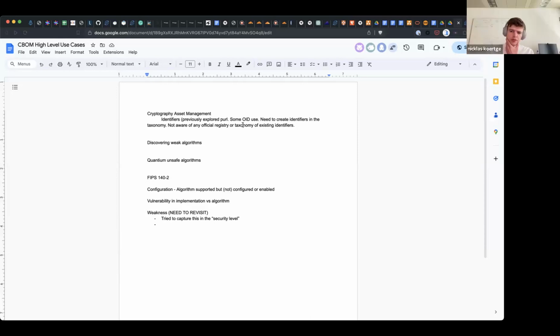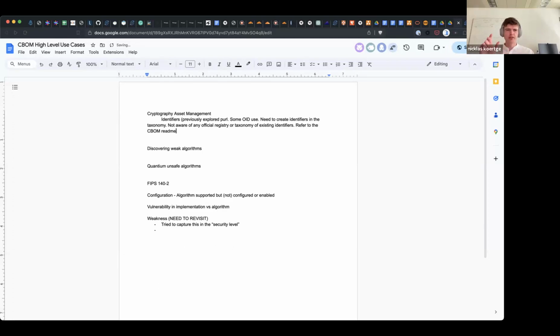Yep. So in the 1.4, 1.5 version, we put a part in the README explaining those package URLs and how you should create them. They are basically in the form of: the first field, I think, namespace is crypto.